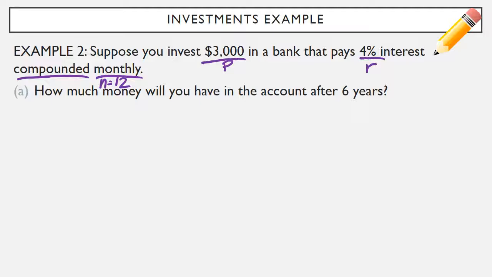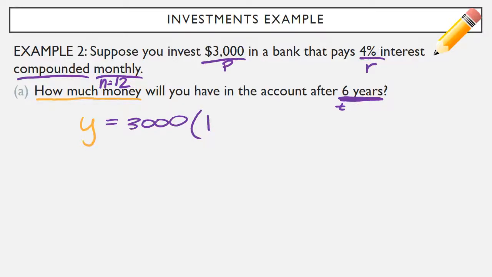So the first question asks, how much money will you have after 6 years? So that's my time. It's sitting in there for 6 years. So for my formula, I don't know how much money. That is my question. So I have an unknown value. I'm starting with $3,000.